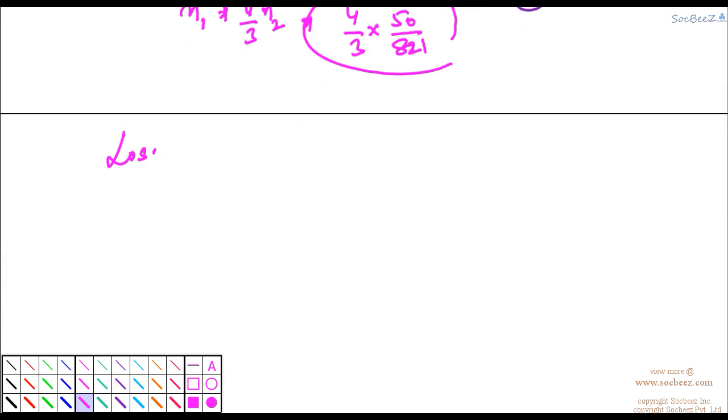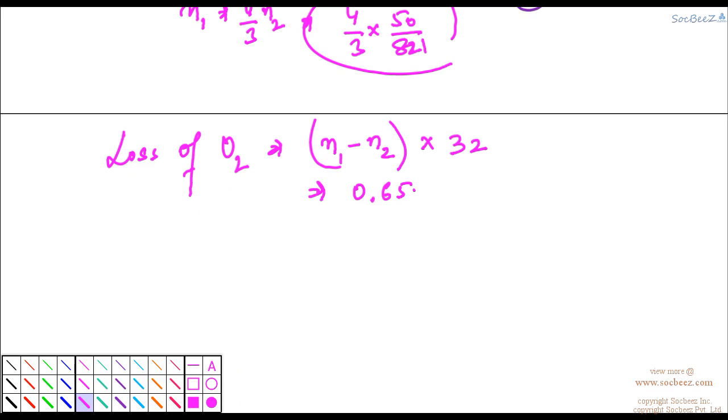So the loss of O2 can be found out as N1 minus N2 into the molar mass of O2, that is nothing but 32, which gives us the value 0.6504 gram. That is, this much oxygen has been lost, right? Now we have to find the final pressure of the O2 in the flask.